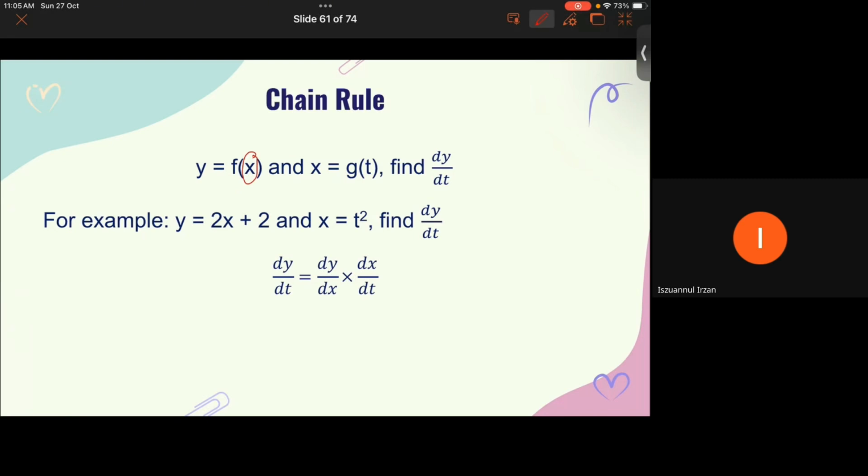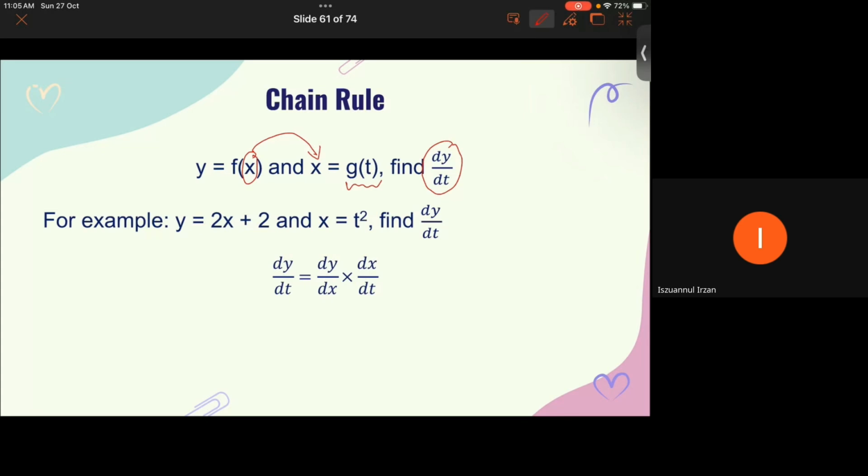You use the chain rule when you find that the variable in the function can be represented by another function, meaning that this x can be represented by another function, and you are going to find dy/dt.